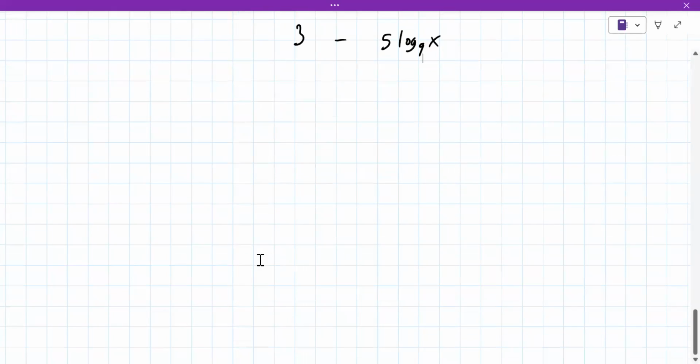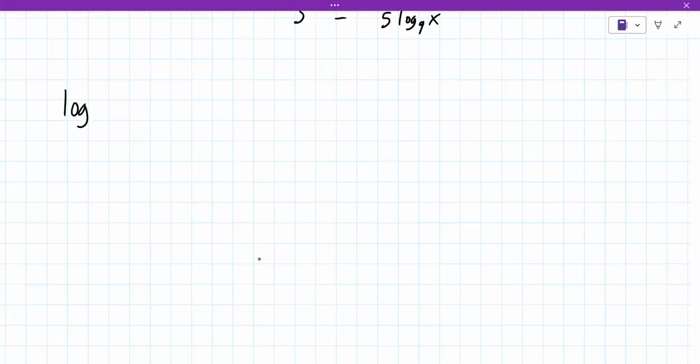All right, so let's look at another one here. Let's say it's log base 4 of x to the 8th, slash, because this is how your class does it, 256. Okay.